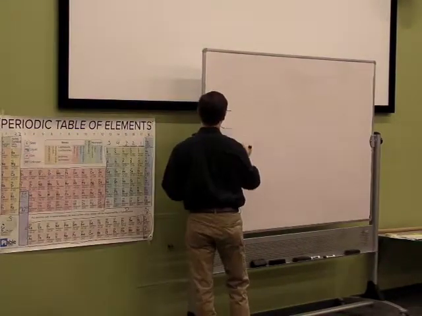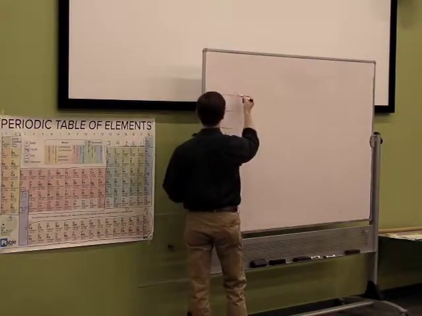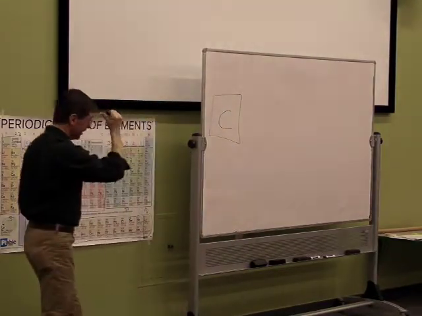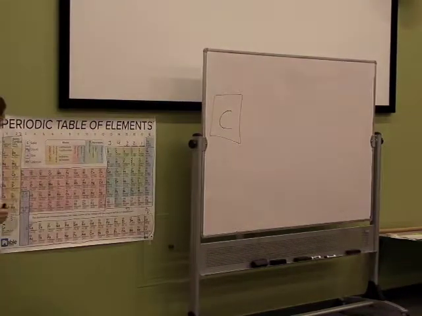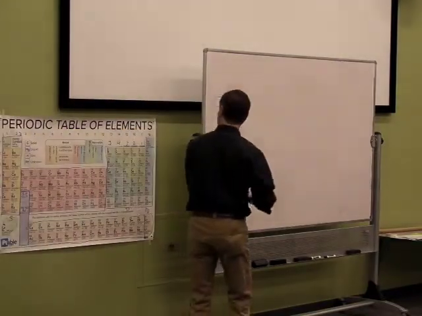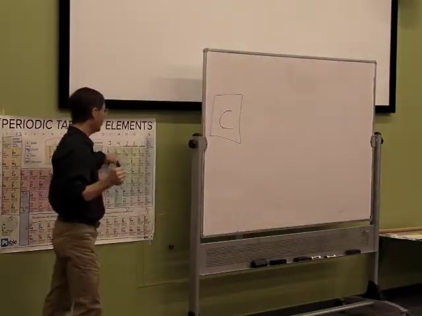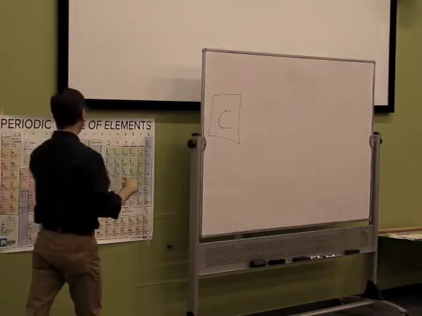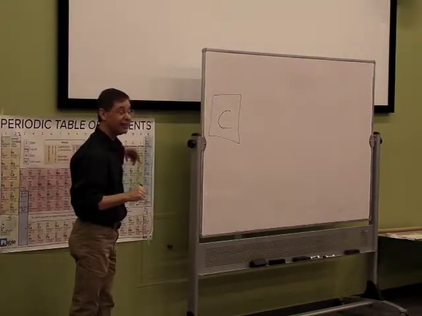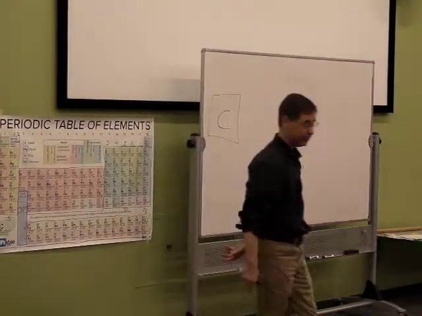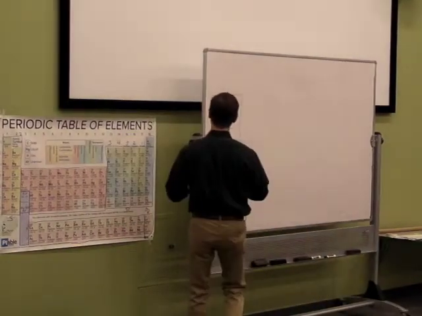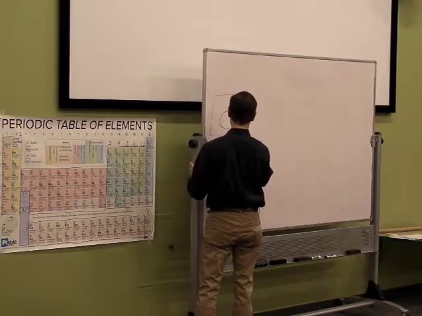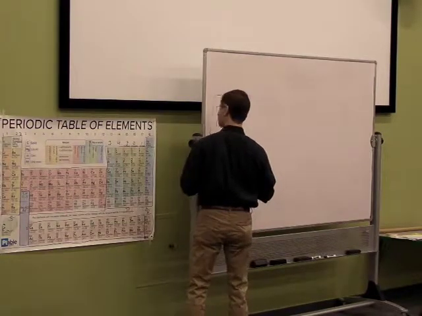So carbon. Everything on the periodic table has its cute little box, right? And in its cute little box, depending on the periodic table you're looking at, there's a variety of things. On this periodic table, and in most periodic tables, we've got a 6 and we've got a 12.01.